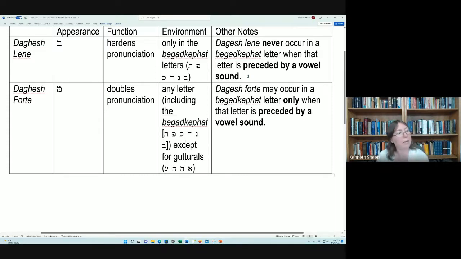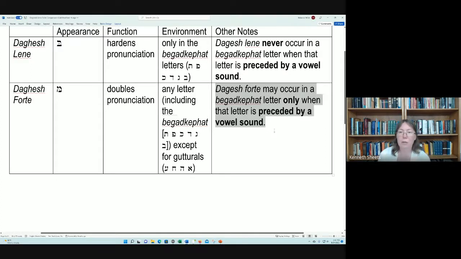So again, a Dagesh Forte then can occur in a Begad Kefat letter when it is preceded by a vowel sound.